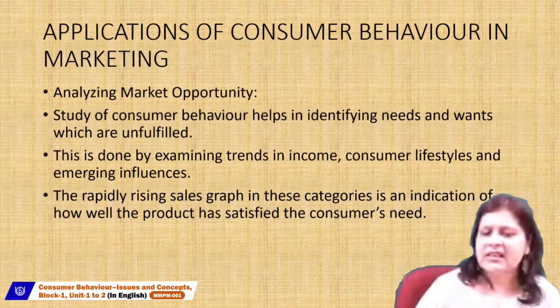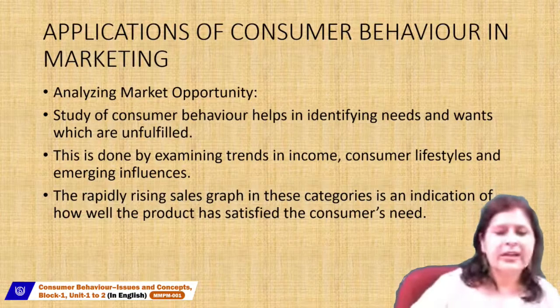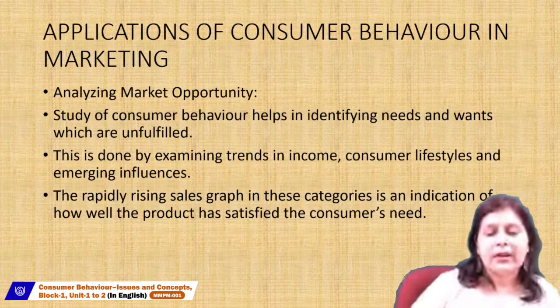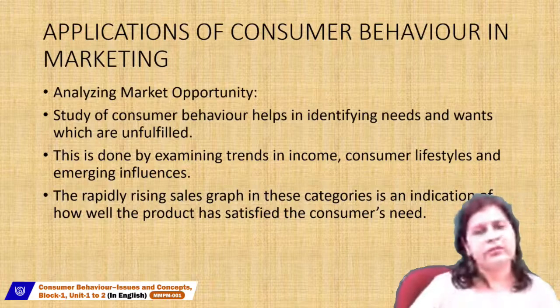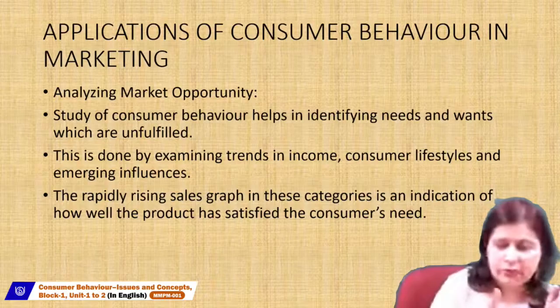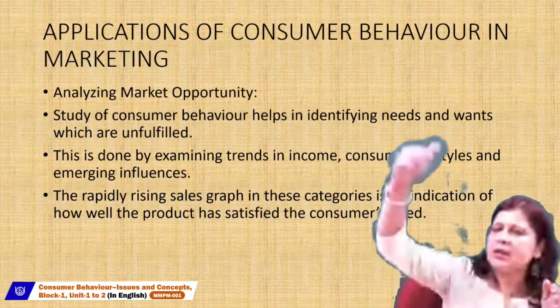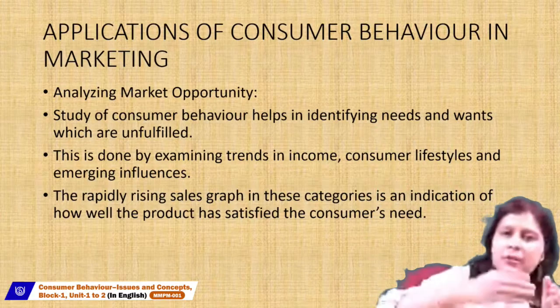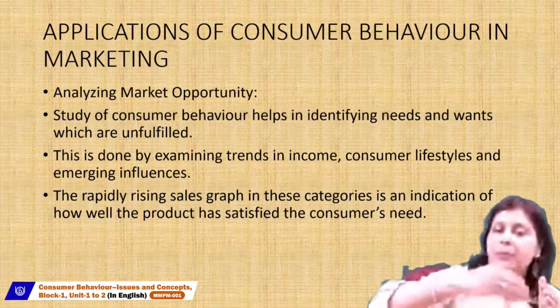A rapidly rising sales graph in these categories is an indication of how well the product has satisfied the consumer needs. When the product is able to satisfy the needs of the consumer, only then will the sales go up.